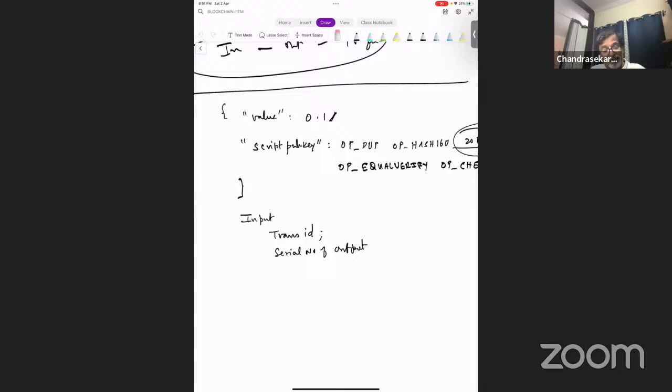The transaction ID, serial number, and the portion related to that serial number will be digitally signed.